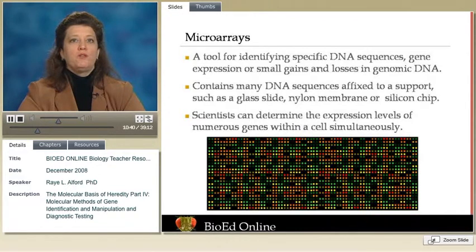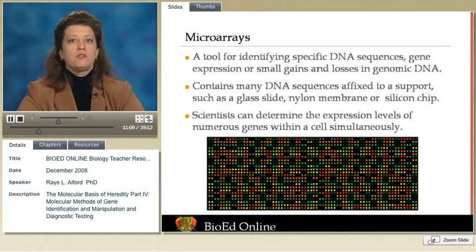Microarrays can be used for other purposes as well, such as investigating gene expression in cells. In this application of microarray technology, DNA sequences representing all or many of the genes in the genome are immobilized on the array. Fluorescently labeled probes derived from the RNA of a particular cell type are applied to the array to see which genes are being expressed in the cells and which are not.